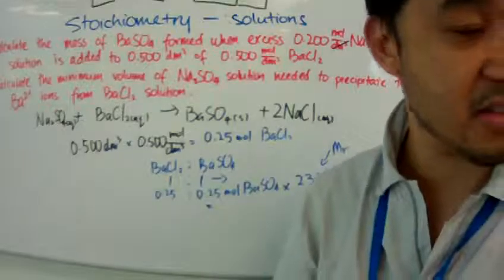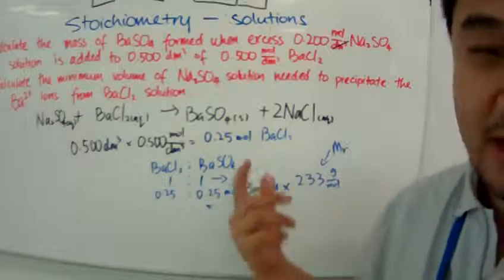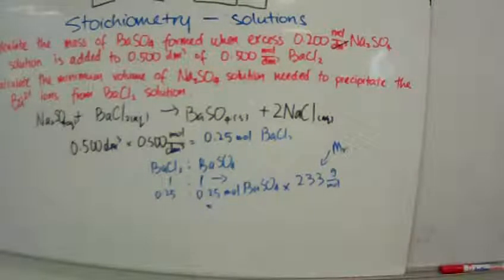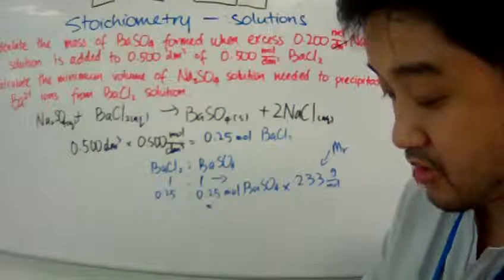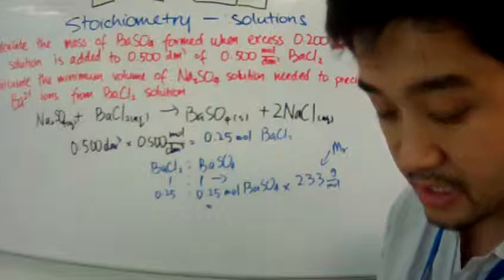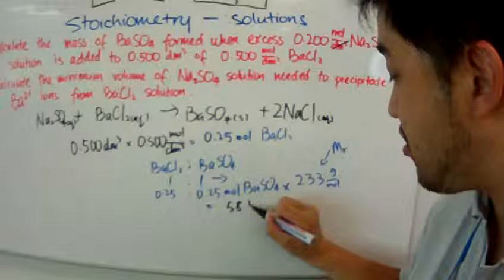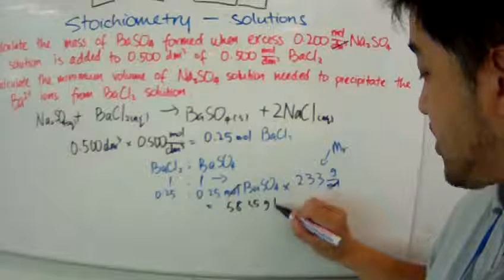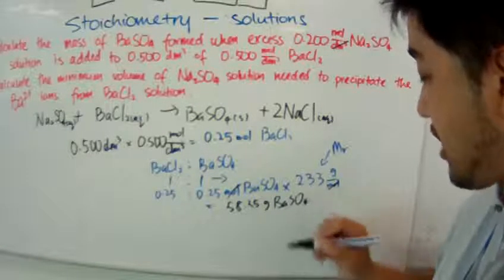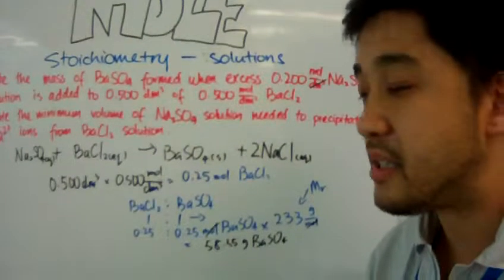So it's 1/4 of this value. 233 multiplied by 1/4, that's 58.25. So there you go, 58.25 grams of barium sulfate. Okay, so that's the amount of mass formed when you complete this reaction.